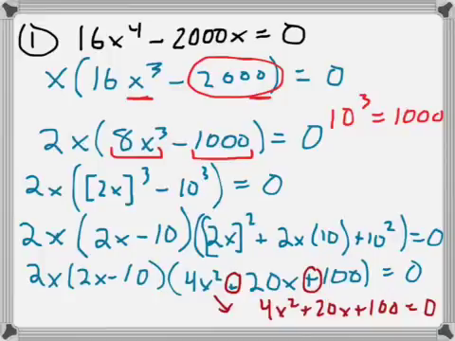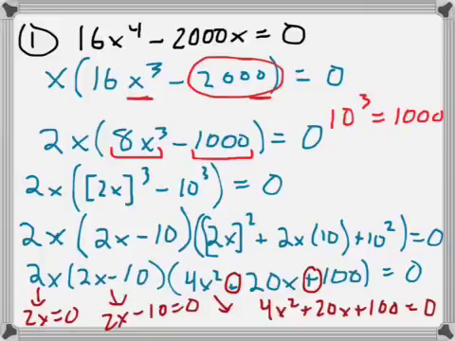So without using the quadratic formula or something like that, and we won't have to do that for this test, I can kind of ignore setting this to 0 for now, but I definitely want to set these equal to 0. So 2x is going to equal 0, and 2x minus 10 equals 0. Clearly in the first case, x is going to be 0, here x is going to be 5.